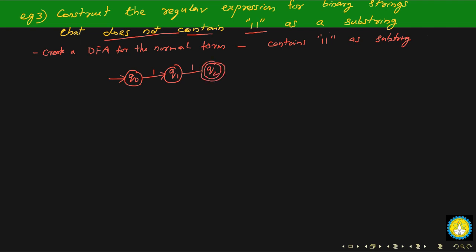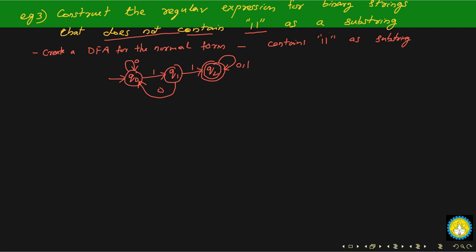We also have to represent all the transitions from Q0. If you get a 0, you stay at Q0. From Q1, if you get a 0, you go back to Q0. And from Q2, if you get a 0 or a 1, you stay at Q2 itself. So this is how we design a DFA for accepting binary strings that contain 1 as a substring.